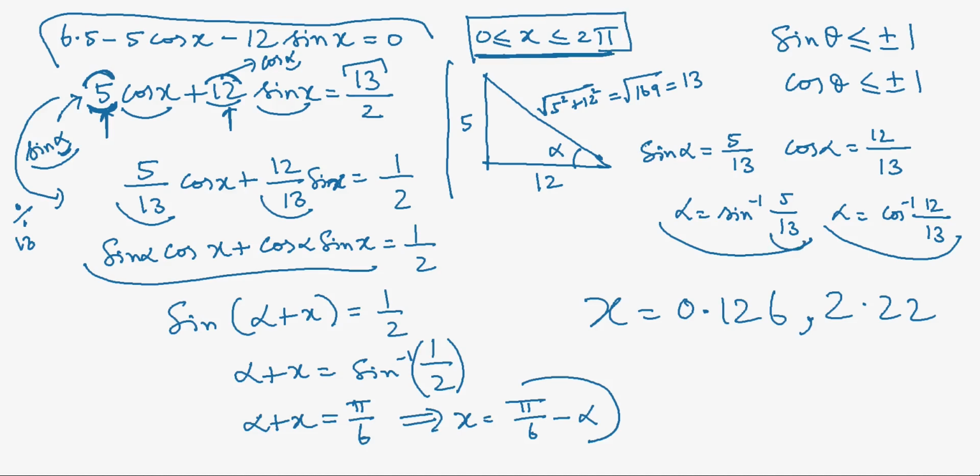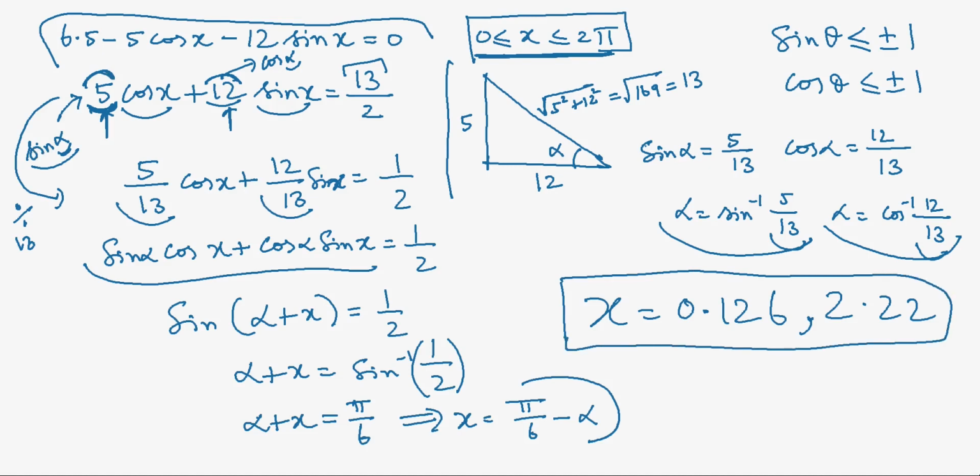There are two values which are satisfying this. Try to check whether you can get the answer. Both these values will satisfy. Do you understand how we proceed and how we solve the problem? Give a try yourself and get confidence in developing that.